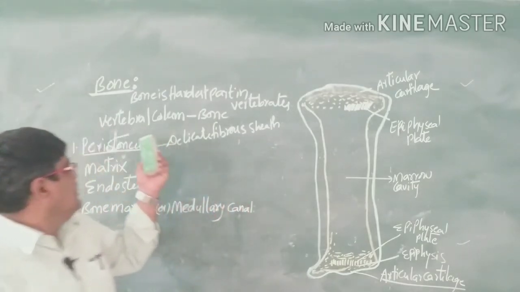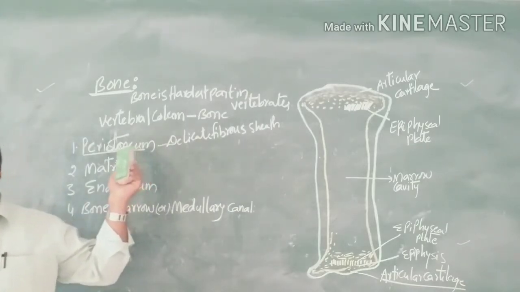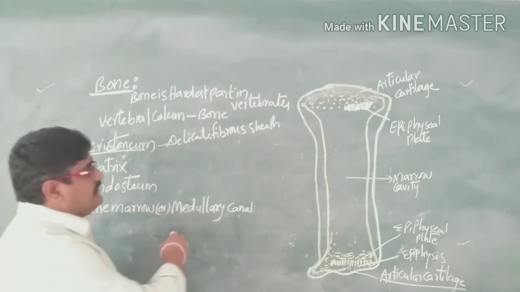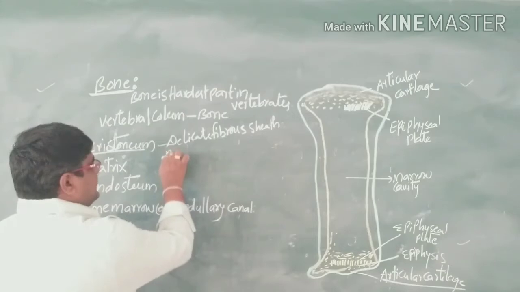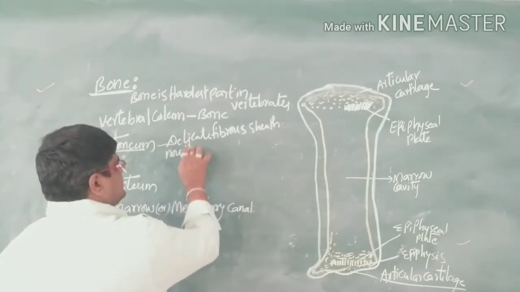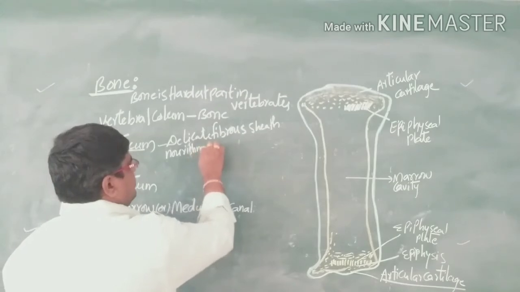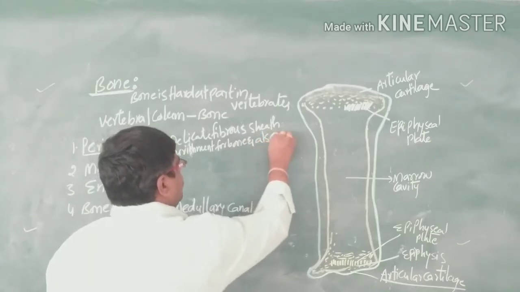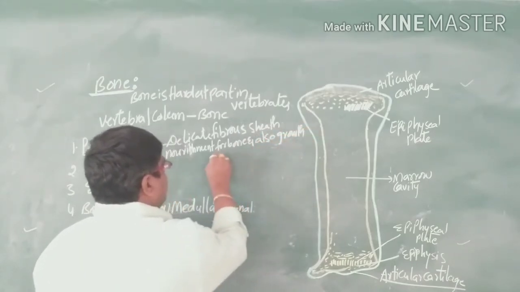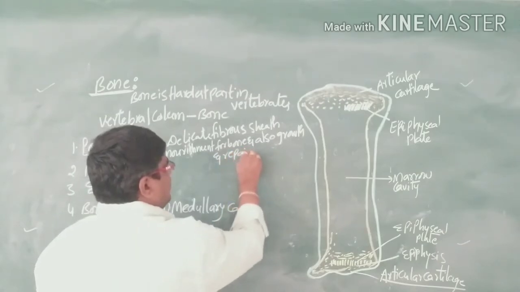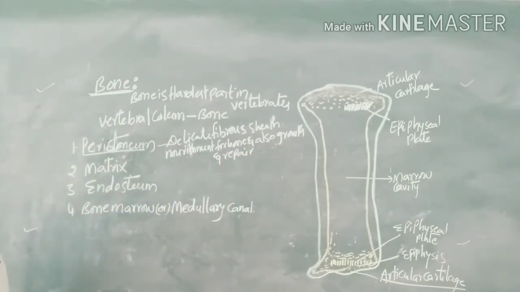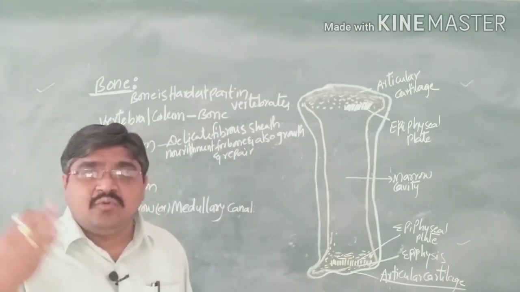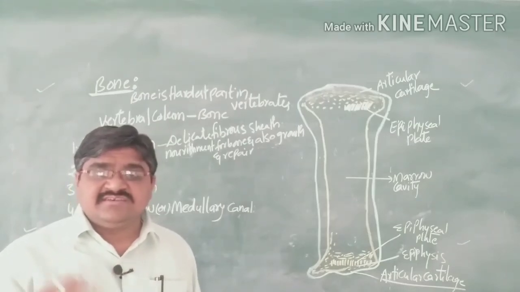It provides nourishment and is also helpful in the growth and repair of bones. Such a part we call the periosteum, which is an outermost fibrous sheath surrounding the bone.